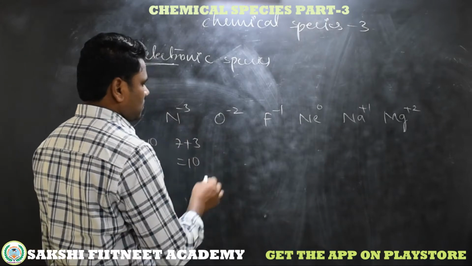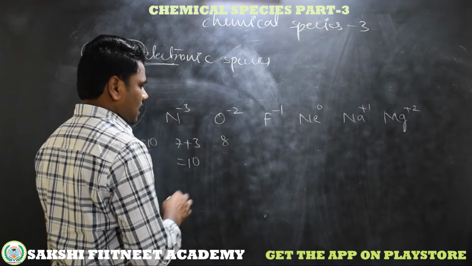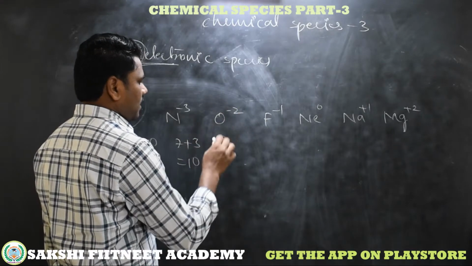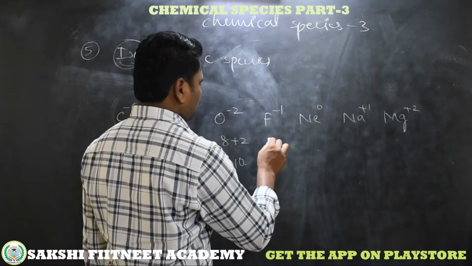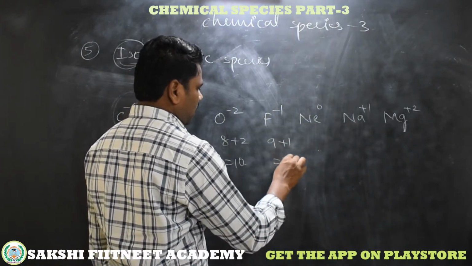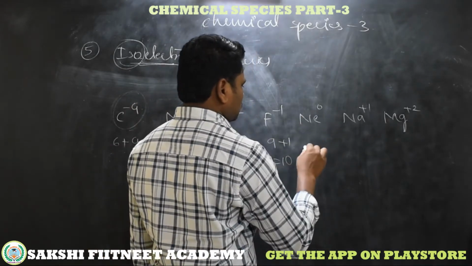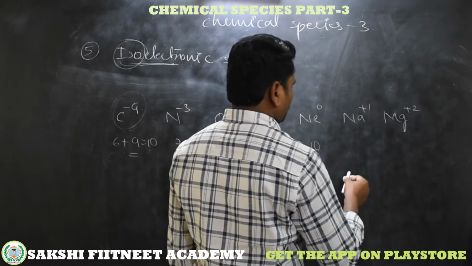Now oxygen, atomic number 8, has 8 electrons itself and gained 2 electrons, it becomes 10 electrons. Now fluorine, 9 electrons itself, gained 1 electron, it becomes a 10 electron system. Now neon, obviously it's 10 electrons with a 0 charge.